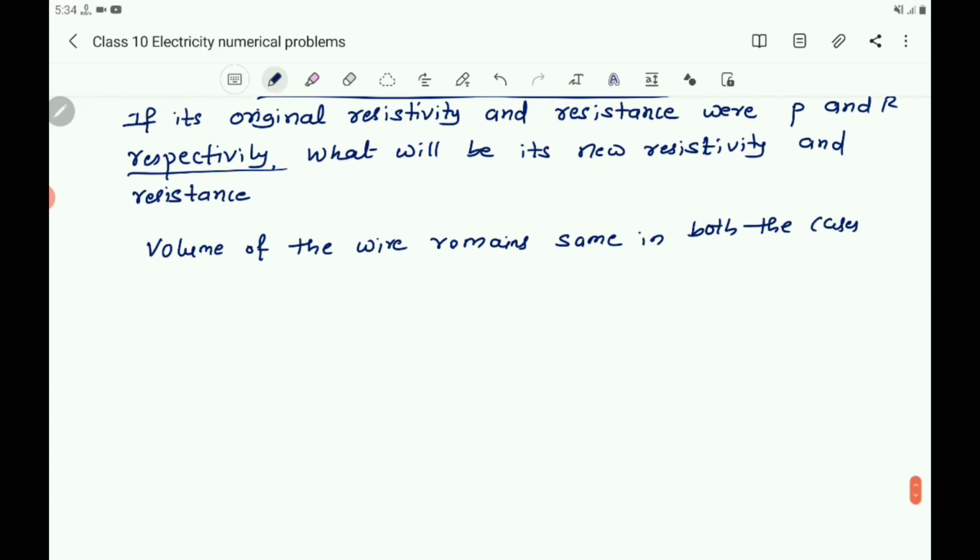So, let us take, then volume is equal to what? Volume equals area of cross section into length.